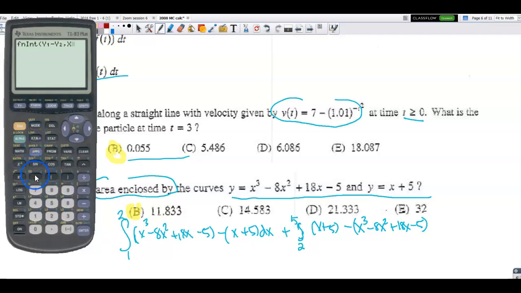In terms of x from, it's just as quick to type the 1 and the 2, 1 comma 2 plus another math 9, and that is going to be y2 minus y1 in terms of x from 2 to 5, close parenthesis, enter. Hopefully I did a good job of typing, and I did, and I get 11.833.